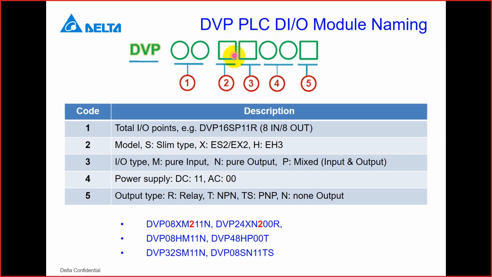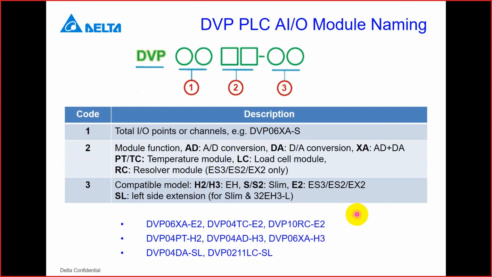Here is just for the standard I/O module. As I mentioned, remember to check these two values: 11 or 00. 00 means AC, 11 means DC.